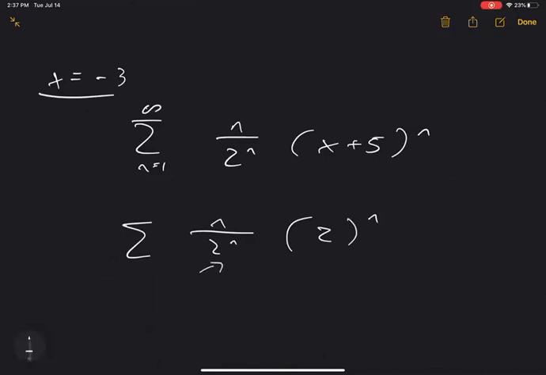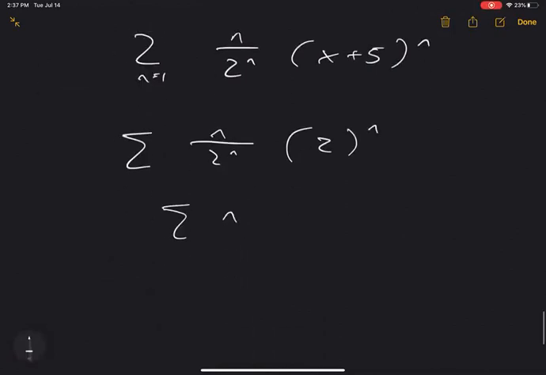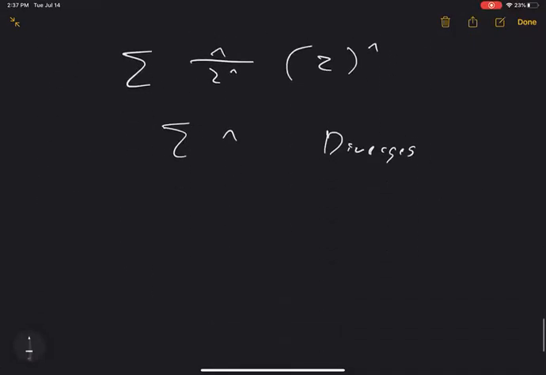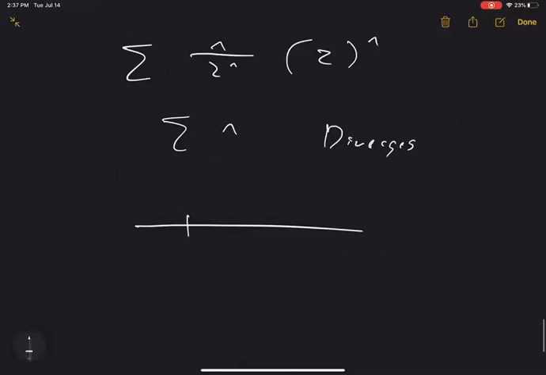So I got 2^n divided by 2^n. So I'm just left with the series n. Again, that series diverges. So I don't want to include x equals -3 either. So my series just converges inside. I don't include the endpoints.